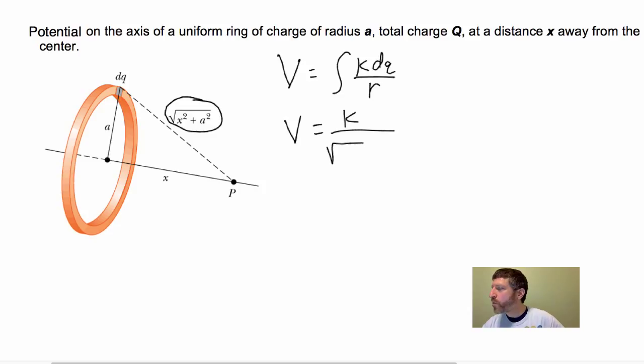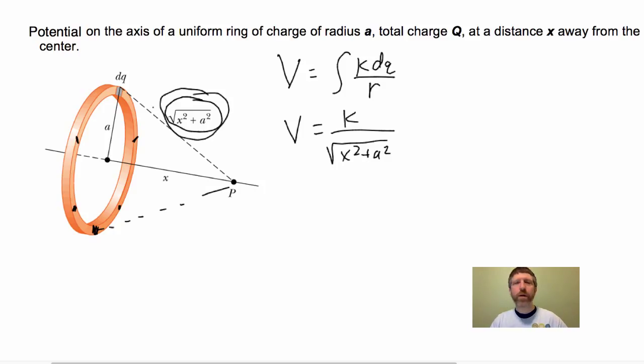R is the square root of x squared plus a squared. That is a constant. Notice I don't have to deal with this whole vector issue. This is the same distance from every dq on here, no matter where you pick the dq, it is still that distance away from that point P.